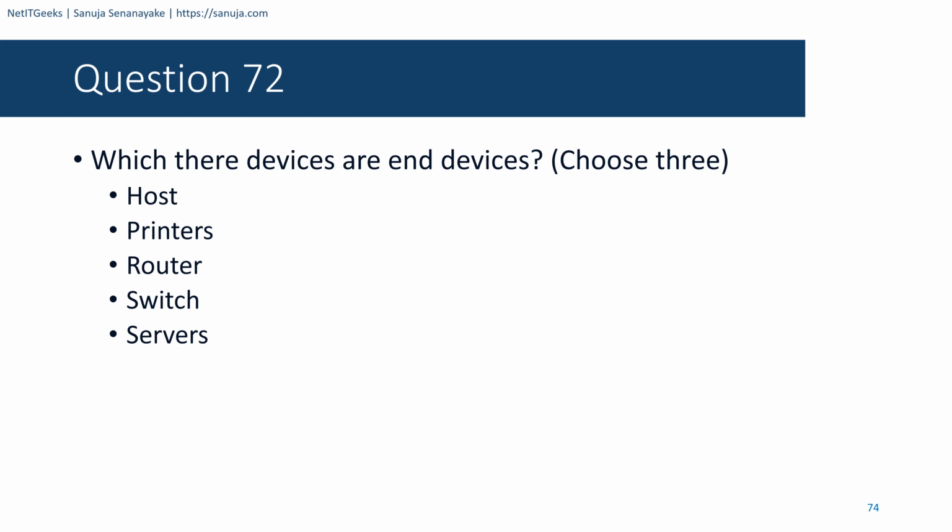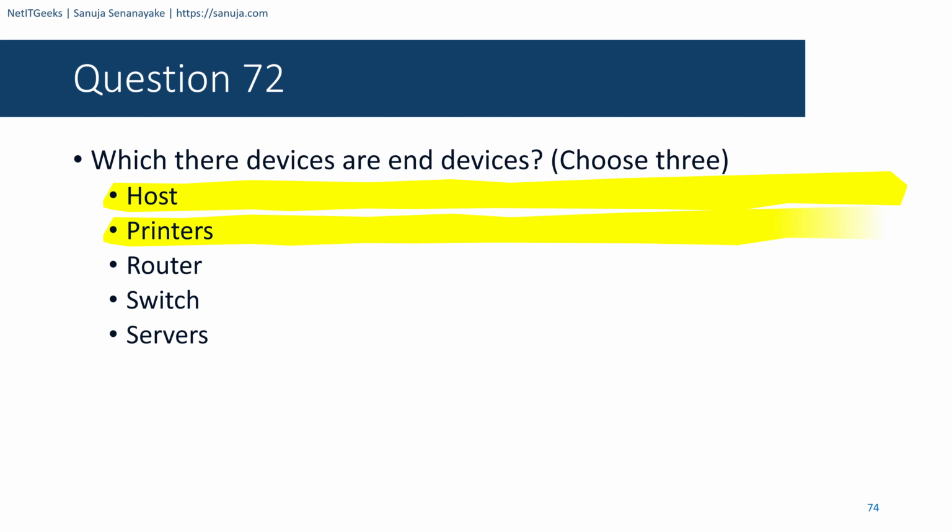Hosts, printers, routers, switches, and servers. Remember, on a network, I drew a diagram and I showed that the intermediary devices are devices such as the switches and routers, right? So in other words, the answers are hosts, printers, and servers, because those are end devices, those sitting at the end of your network.